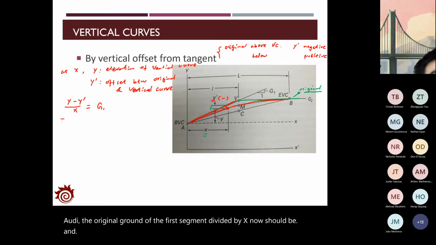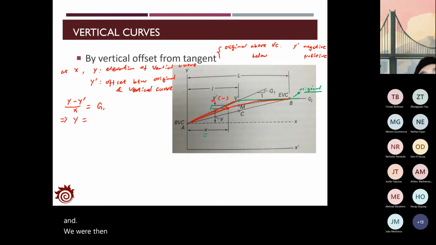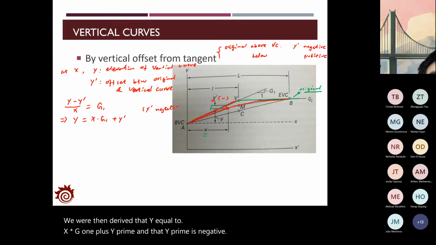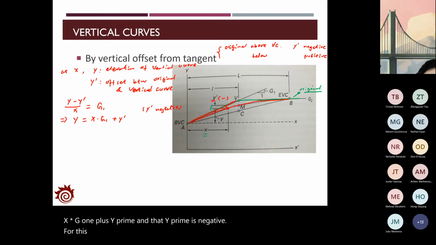We will then derive that y equals x times g1 plus y prime, and you know that y prime is negative for this case because it's above, but if it's below, that will be positive.